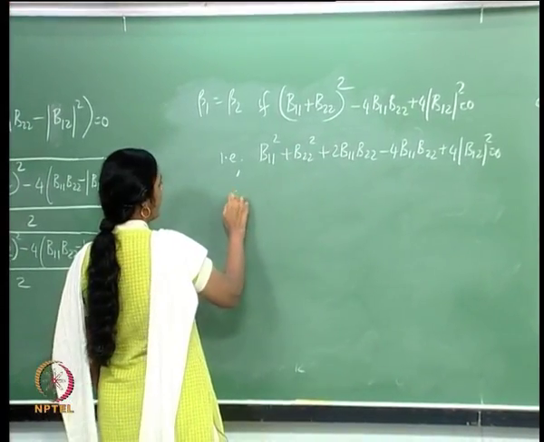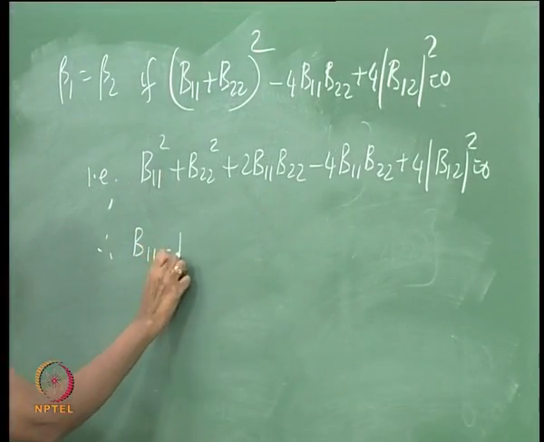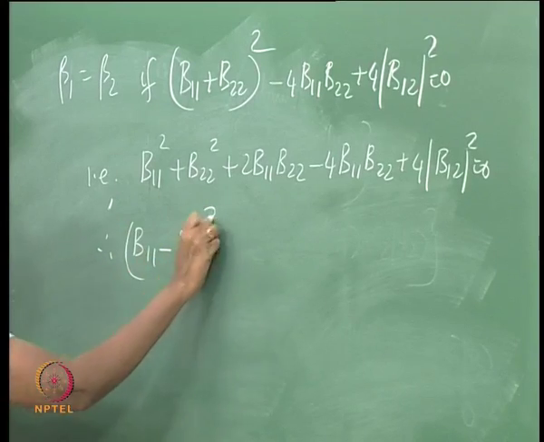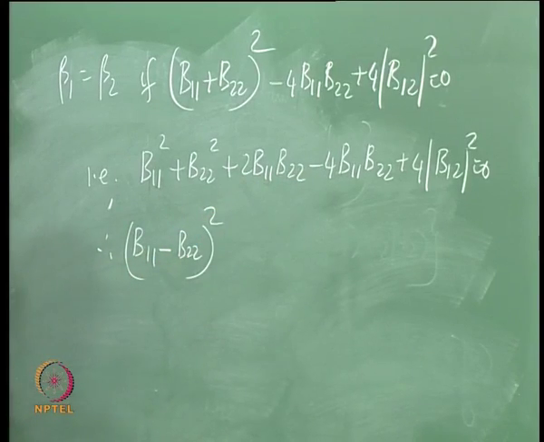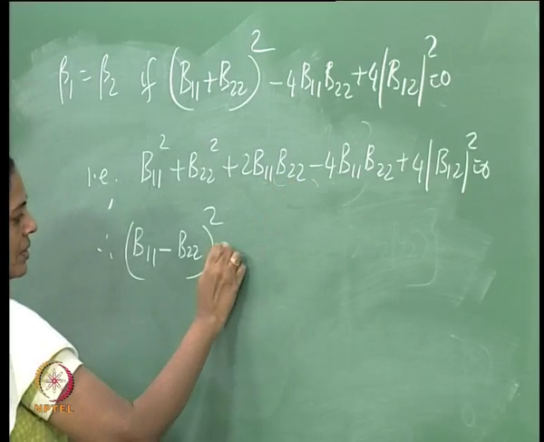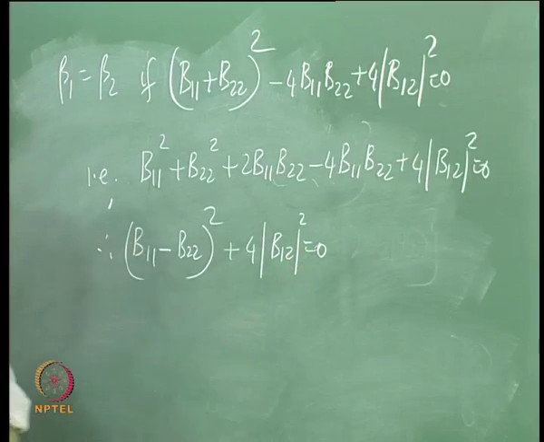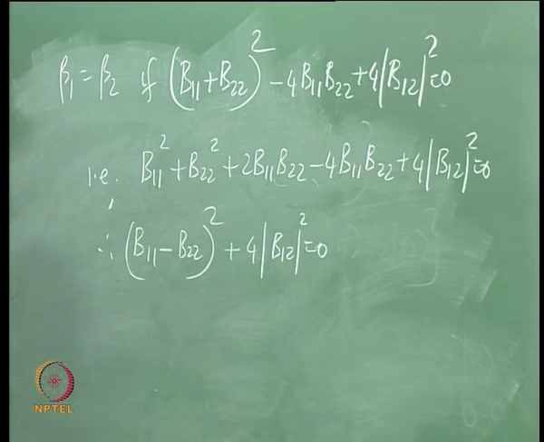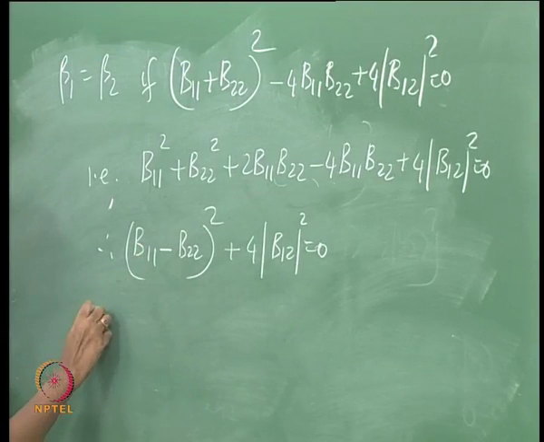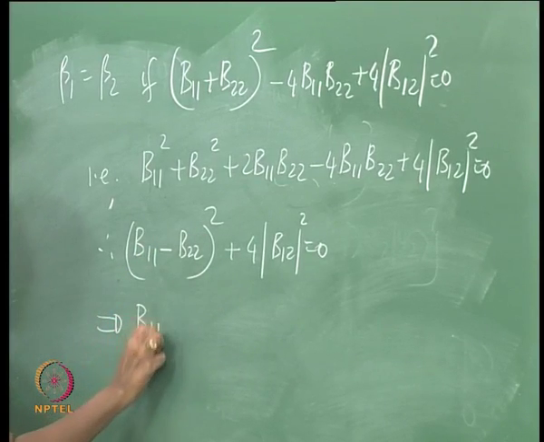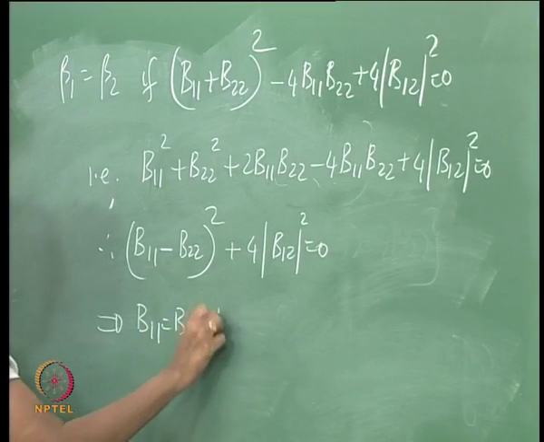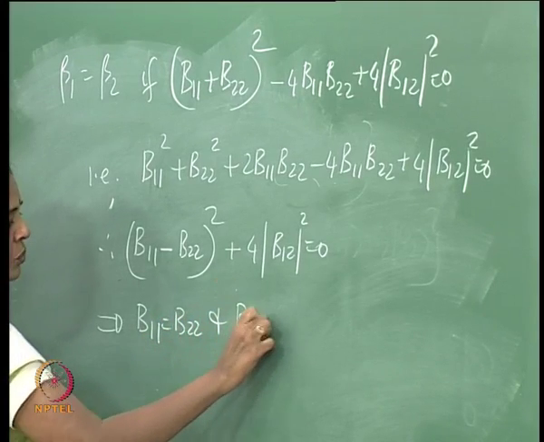Now, that is like saying B11 minus B22 the whole squared, because this gives me a minus 2 B11 B22 between these two terms, plus 4 mod B12 the whole squared equals 0. If this were true, then beta 1 is equal to beta 2, no conditions on C1 and C2. Since both of them are positive quantities, this implies that B11 is equal to B22 and B12 is equal to 0.